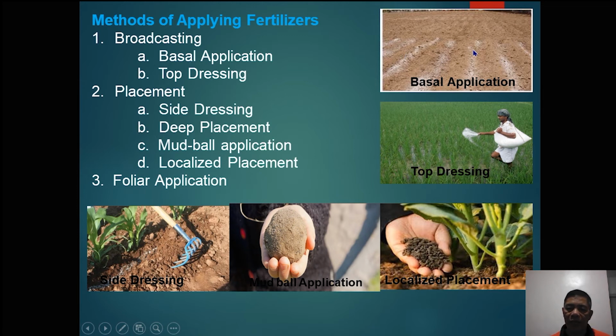When you apply the fertilizer material, whether organic or inorganic, before planting, you are doing the basal application.